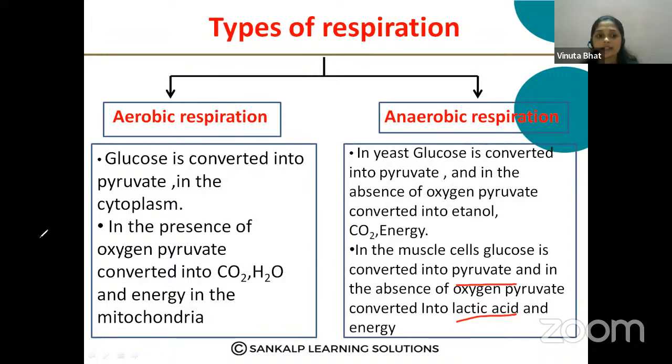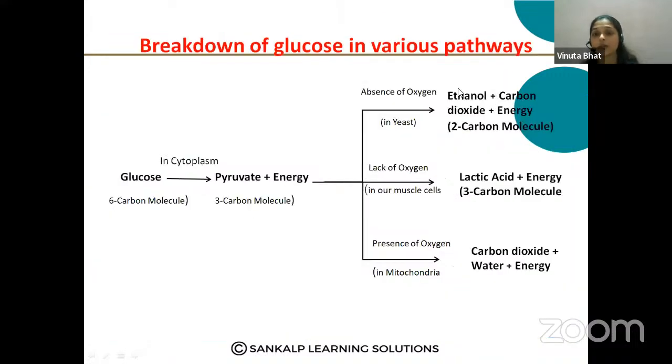So these are the three different types of respiration. Just observe this pathway. So in this pathway, you can understand how the glucose is broken down in different methods. Okay. So here very important, what is the difference between aerobic and anaerobic respiration? In the aerobic respiration, more energy is released compared to the anaerobic respiration. First step is, see here, glucose, that is a 6 carbon molecule, is converted into pyruvate and energy.